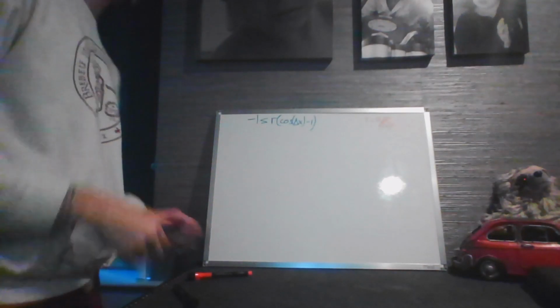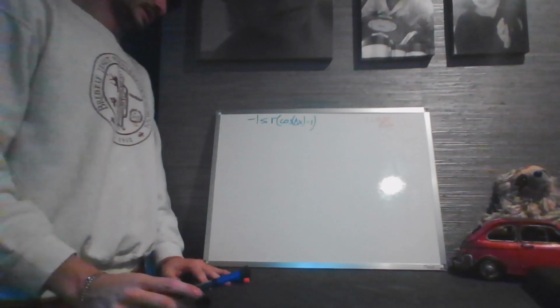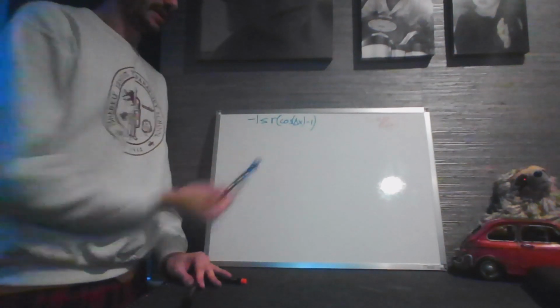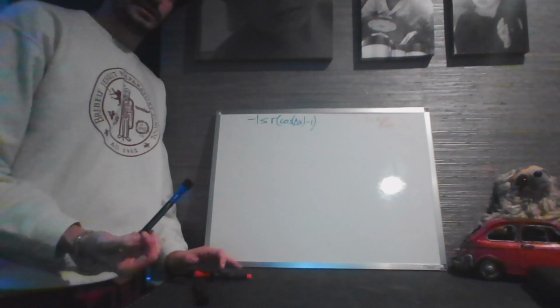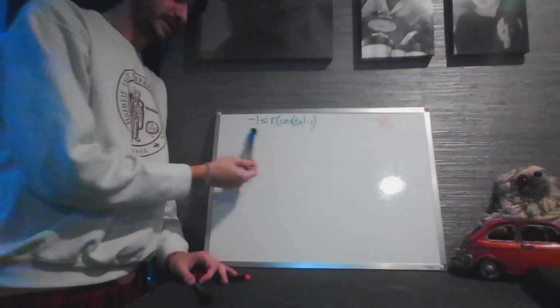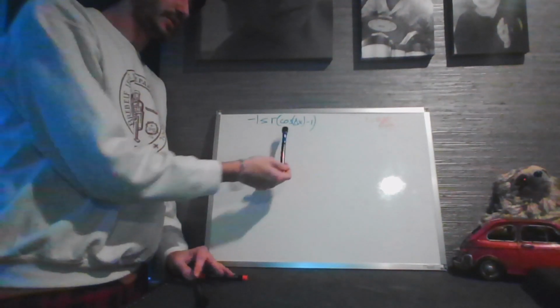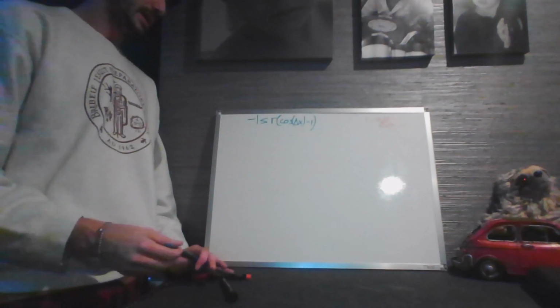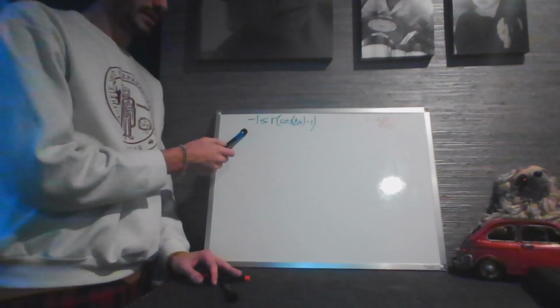Alright, beautiful, we're almost there. Pretty much done. So now what we can see is that we have r on this side, and what we can do is get it on its own. We can divide both sides by this second factor of cosine delta x minus 1. Actually, to get rid of this negative 1, I'm going to inverse it.